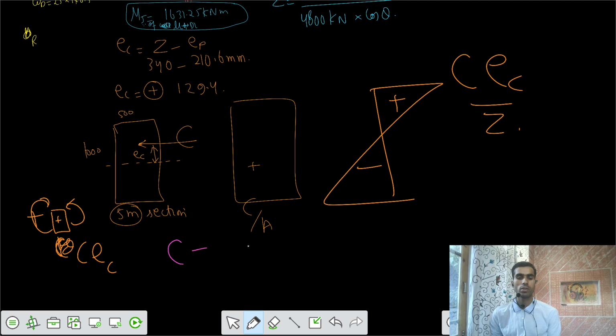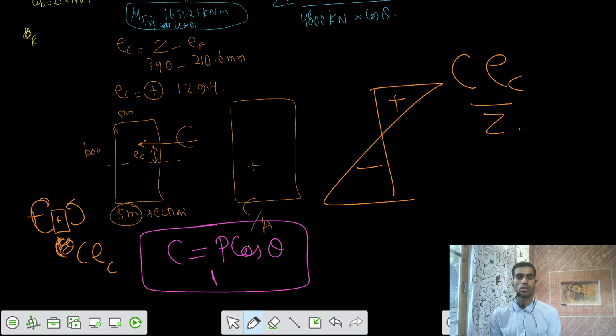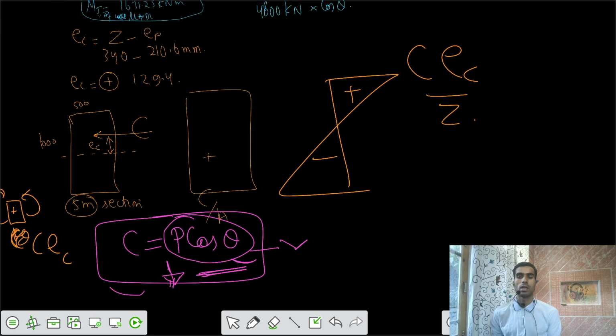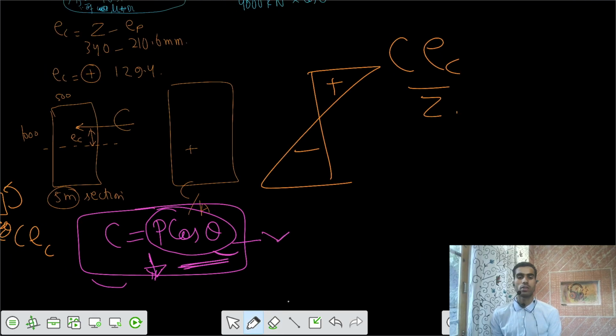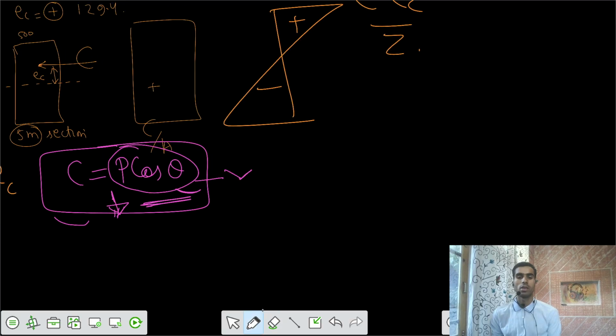Your C force is always equal to P cos theta for this case. If the cable is not purely horizontal, if the cable has some curvature or bend, we write C force is equal to P cos theta. So accordingly, I can write the equation for the stresses.